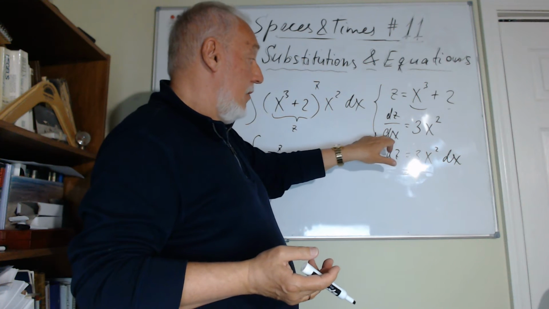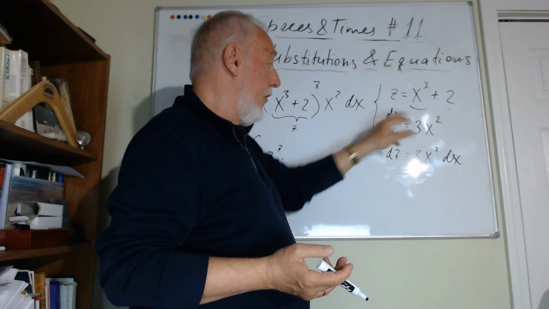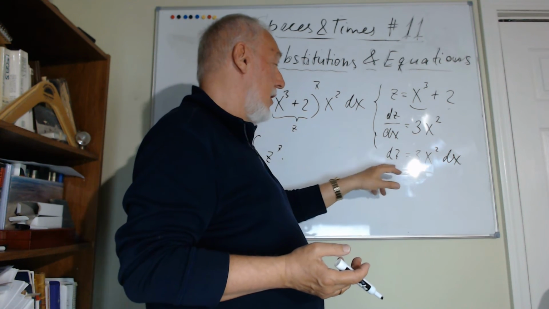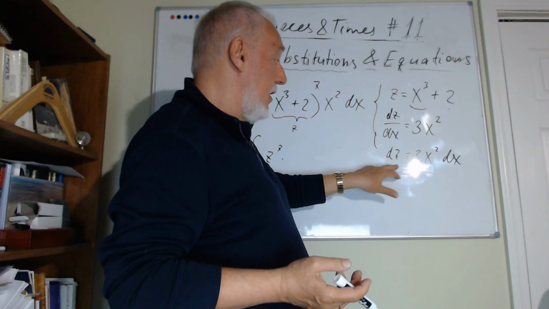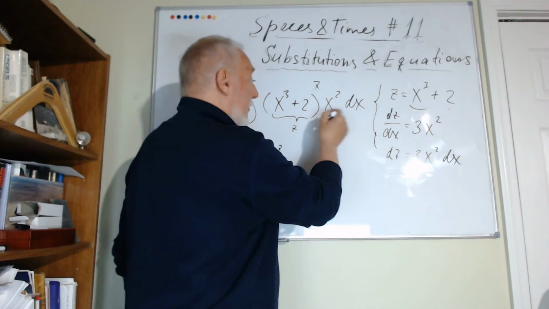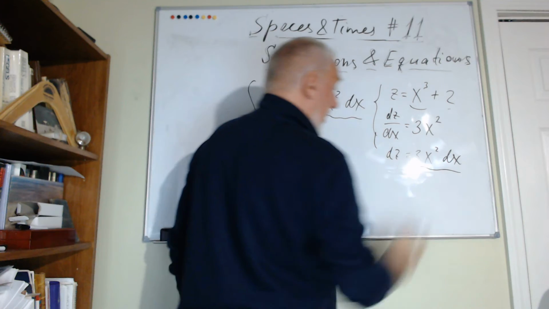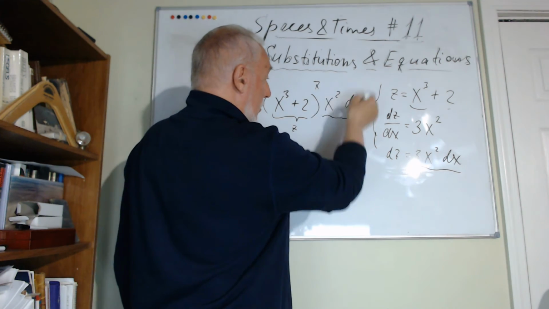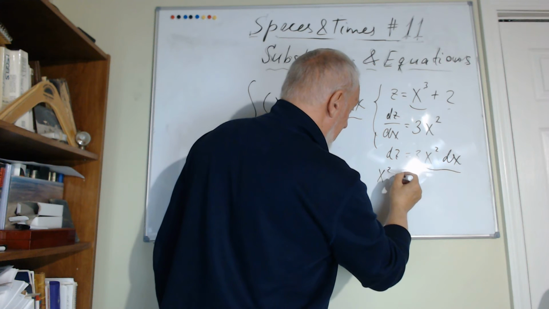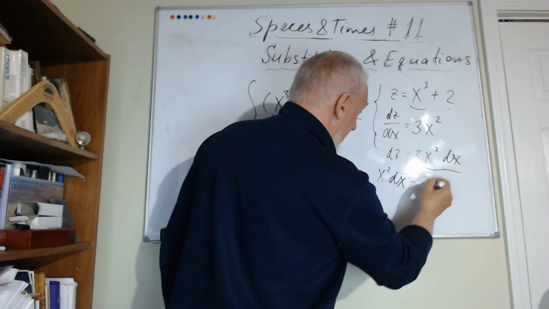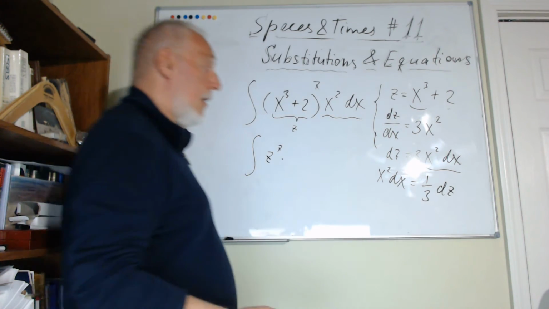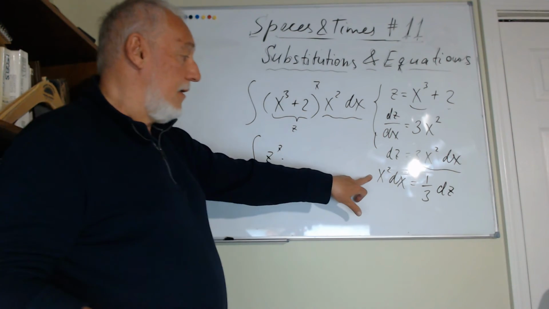We just multiply both sides of the equation by dx. So we got dz equals 3x squared dx. But we have this here, so we need to find out this part. So we can find out that x squared dx equals 1/3 dz. Right? From here we get here.